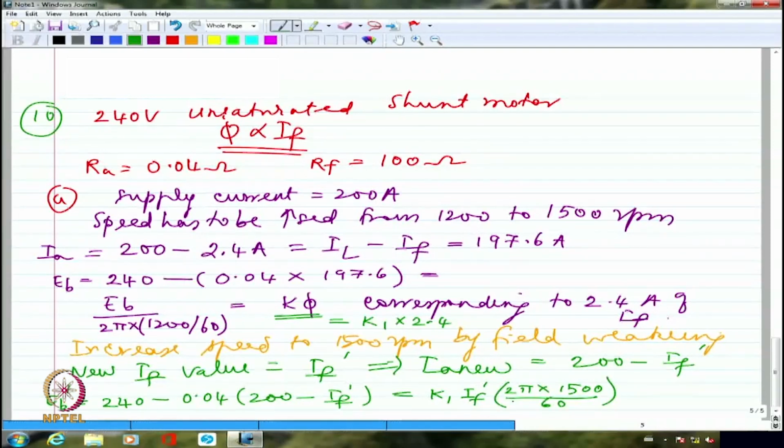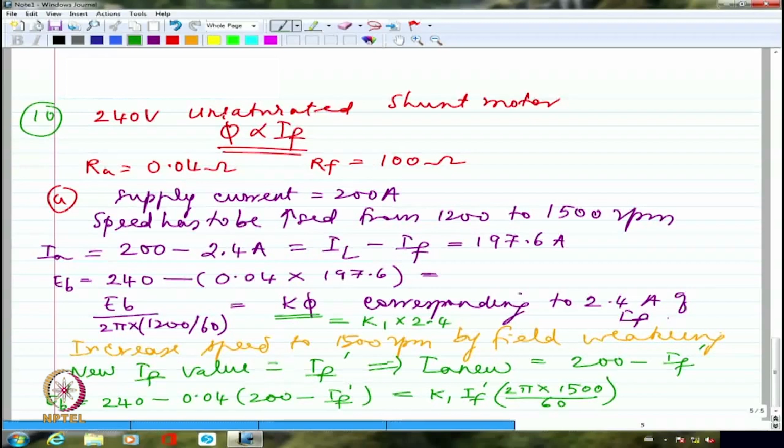I am looking at the new value of back EMF at 1500 RPM, which can be expressed in the form of K1 into the new field current multiplied by 2 pi into 1500 by 60, from which I should be able to solve for IF dash. Is that clear? So IF dash can be solved for. Once I solve for IF dash, piece of cake.